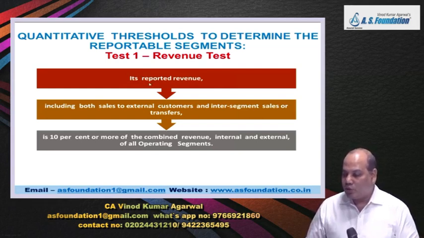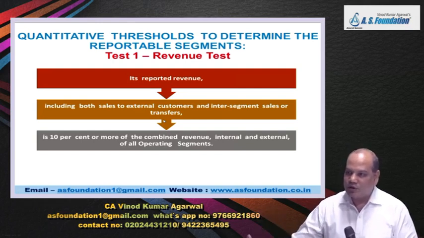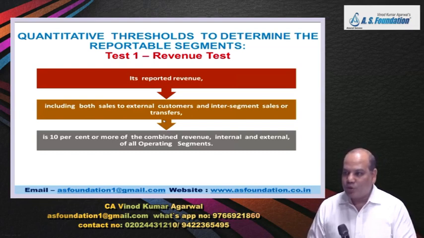So the revenue of that segment, including both sales to external customer and inter-segment sale or transfer, that means sale to internal segment, sales to external parties together should be at least 10% or more of the combined revenue, internal plus external, of all the operating segments. So in simple terms, revenue is 10% or more of the total revenue. But while calculating revenue, we will consider internal as well as external sale.